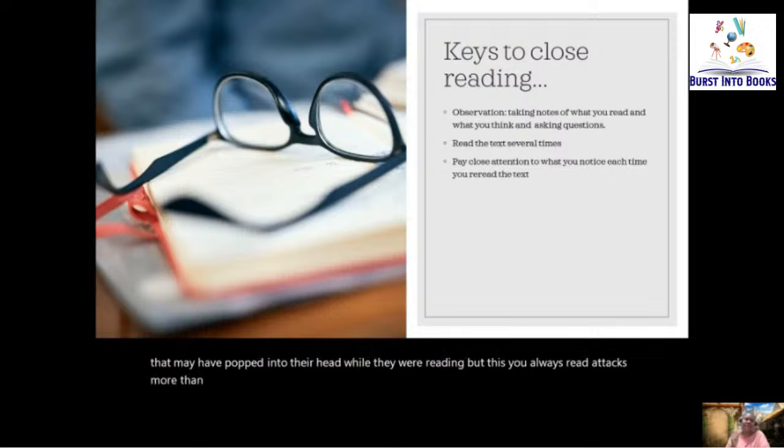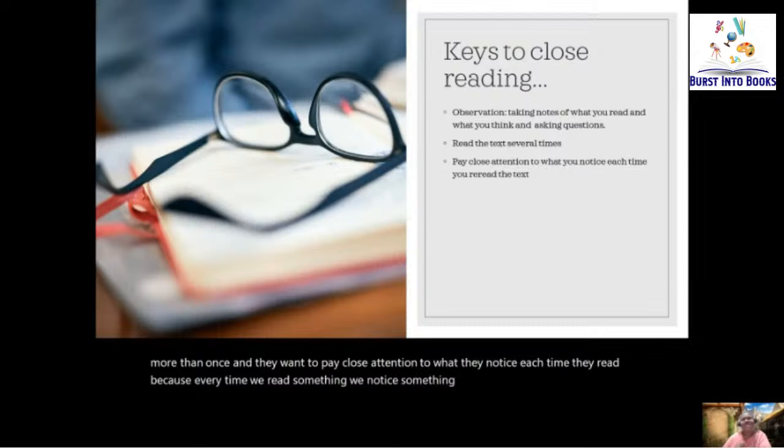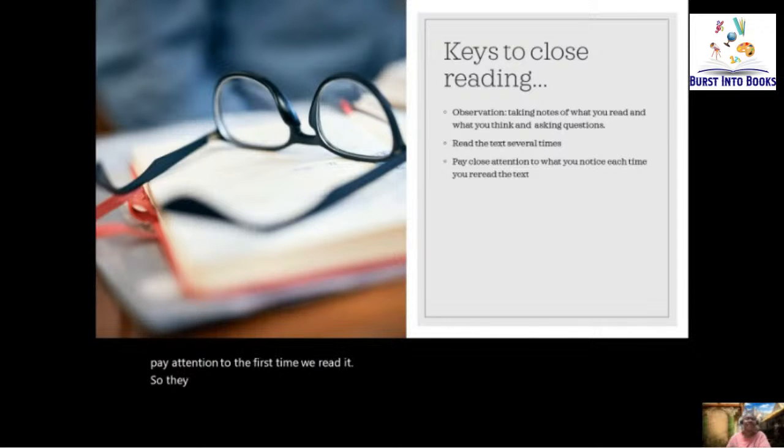And they want to pay close attention to what they notice each time they read, because every time we read something, we notice something different, something we did not pay attention to the first time we read it. So they want to pay close attention to what it is that they're noticing the second time around.